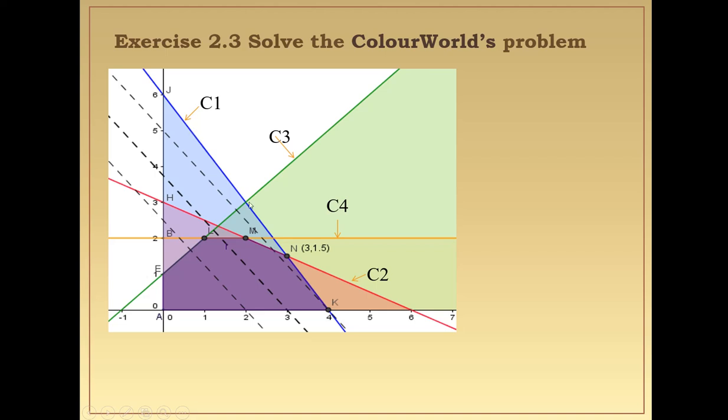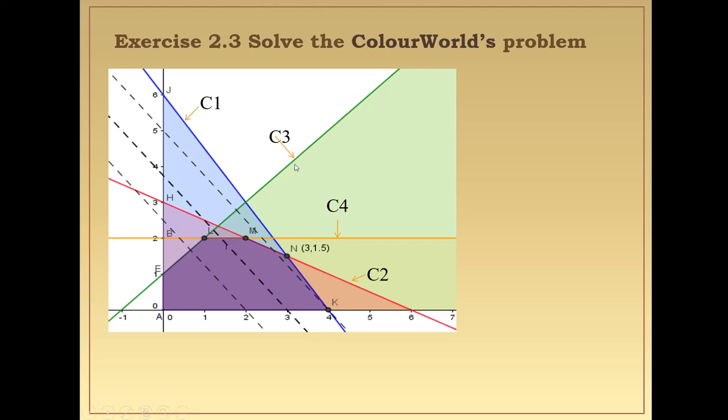So the first constraint represents the availability of raw material P, and C2, the red line, represents the availability of raw material Q. Then constraint 3 represents the third constraint, which is the interior paint cannot exceed the exterior paint by more than 1 ton.